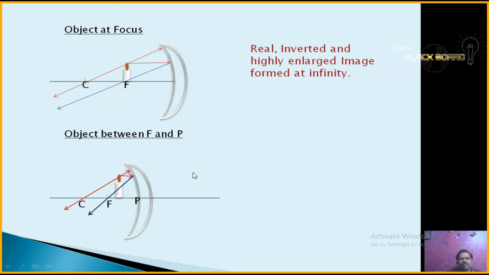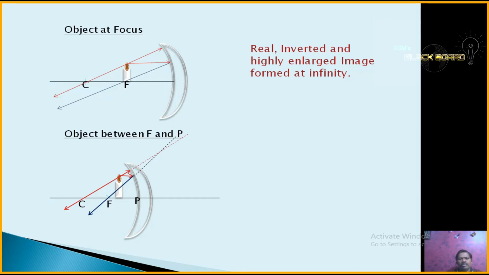So here if you observe these two reflected rays, they are diverging. That means we won't get a real image here. So to identify the position of the image, let us extend the reflected rays behind the mirror.